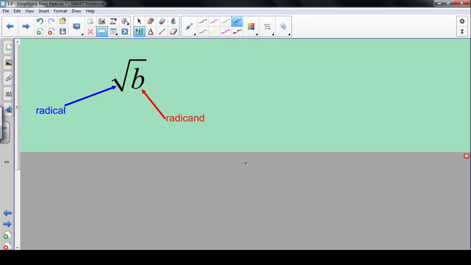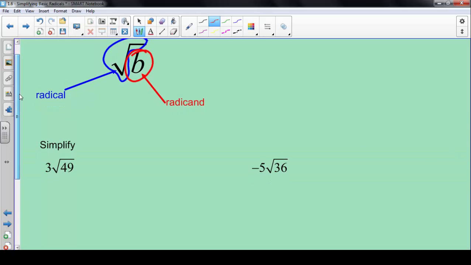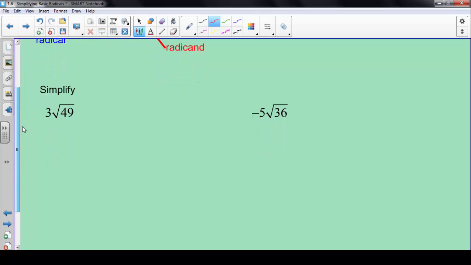So two things when we talk about the radical, that's this portion. We talk about the radicand, that's what's inside the radical. So when we simplify these, that 49 is the radicand inside the radical. You want to simplify your radical, so this 3 stays out front.